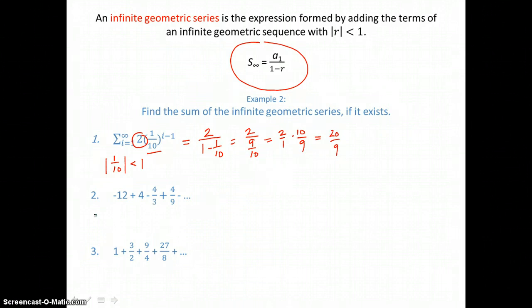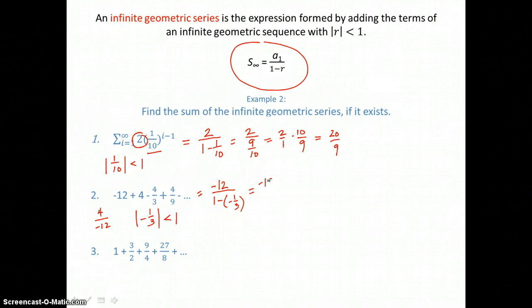Now in the second geometric series, we'll find that common ratio by dividing. 4 divided by negative 12 is going to give us a common ratio of negative 1/3, and since the absolute value of negative 1/3 is less than 1, this infinite geometric series is also going to have a sum. So we need the first term divided by 1 minus that common ratio of negative 1/3.